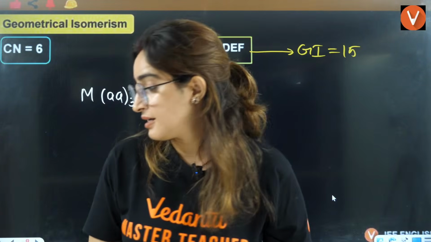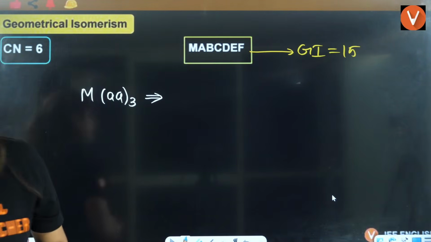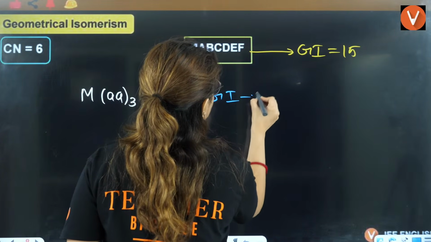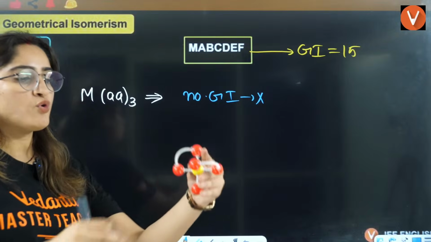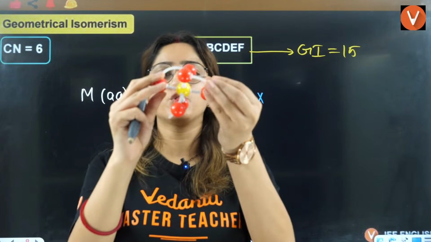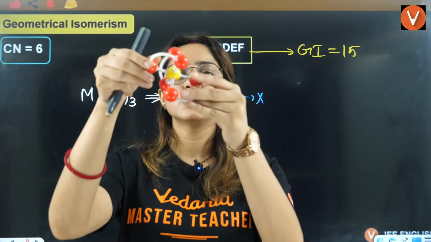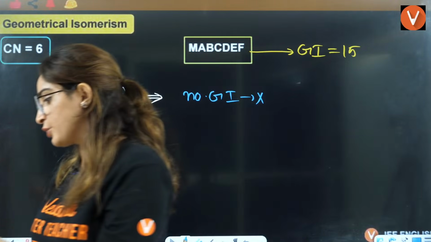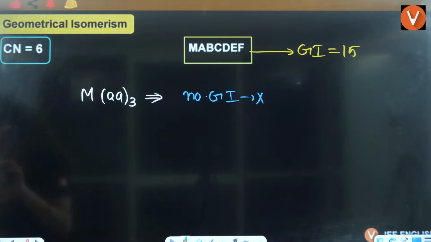That is why there is no geometrical isomerism that is possible here. No matter what interchange you do, you will always have the same thing here. No matter whatever you do.